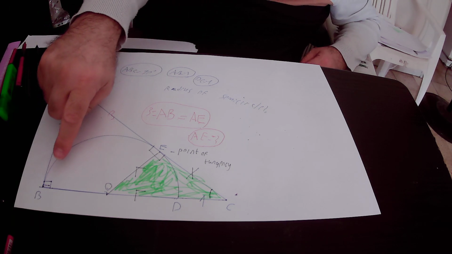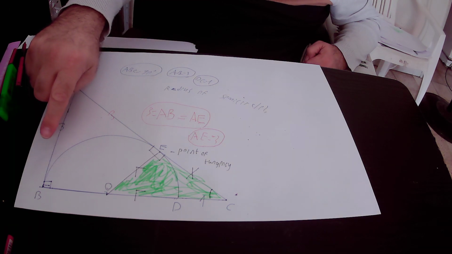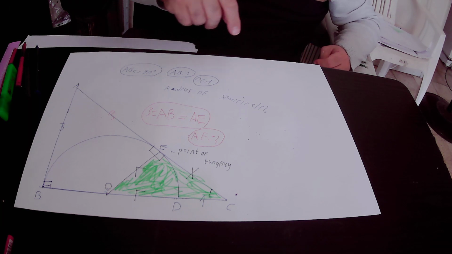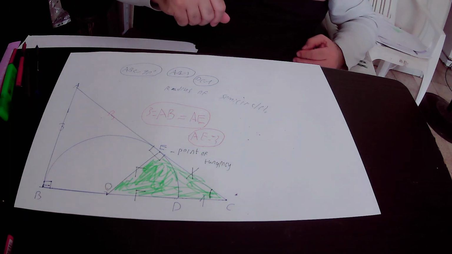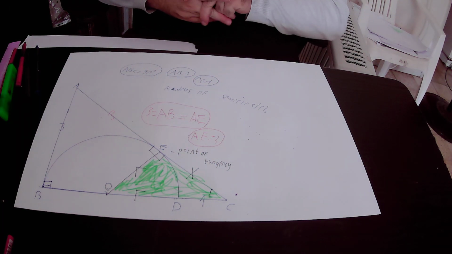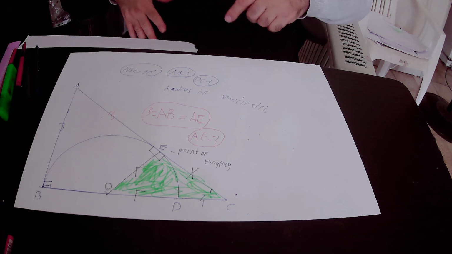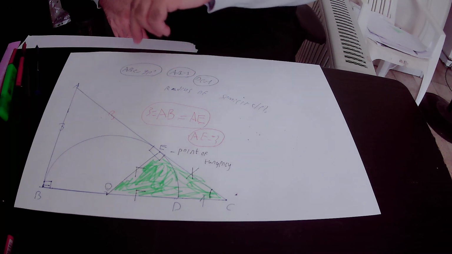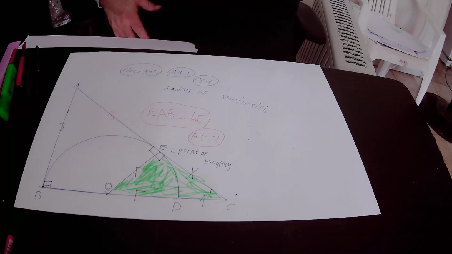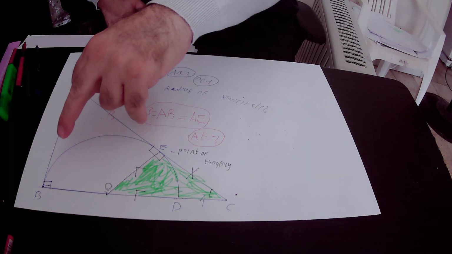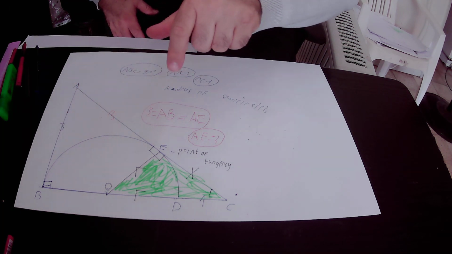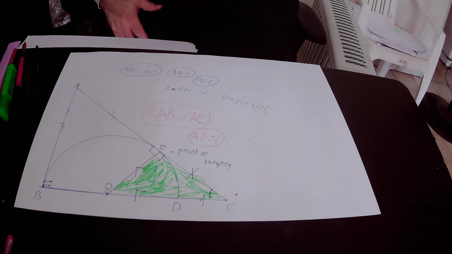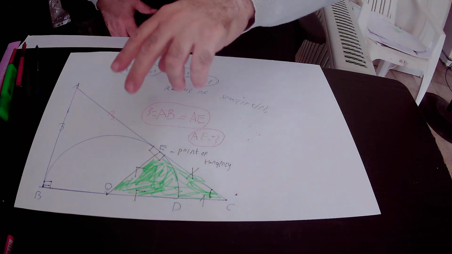Angle ABC equals 90 degrees, it is a right angle. AB equals 3 units. Line segment CD equals 1 unit. And inside the triangle we have a semicircle that is blocked by the triangle. Side AB is tangent to the semicircle at point B, and line segment AE is tangent to the circle at point E. And we want to find out the radius of this semicircle.